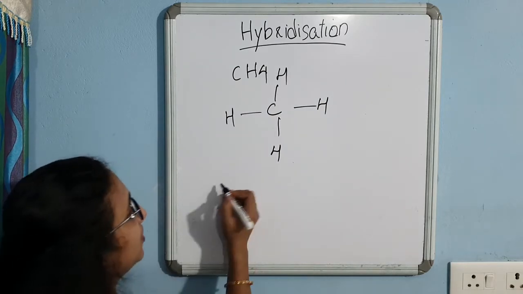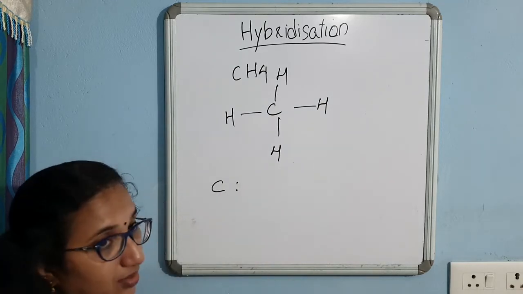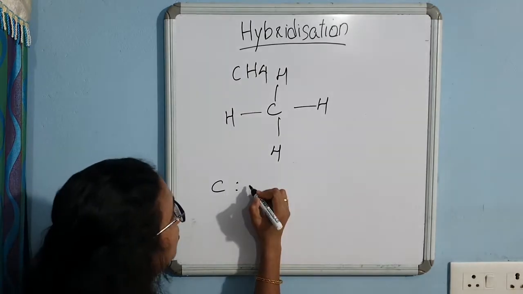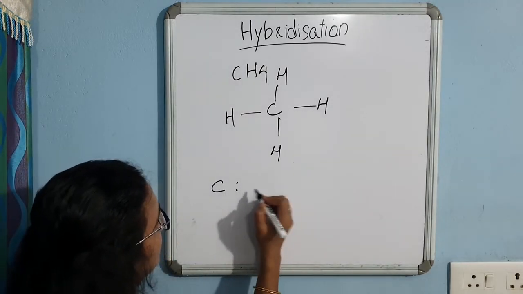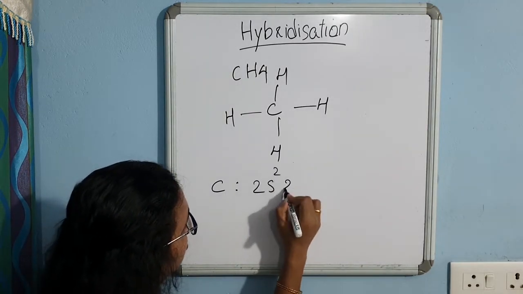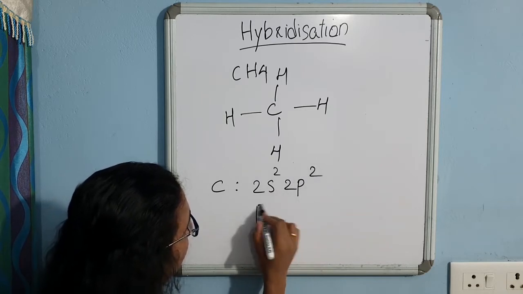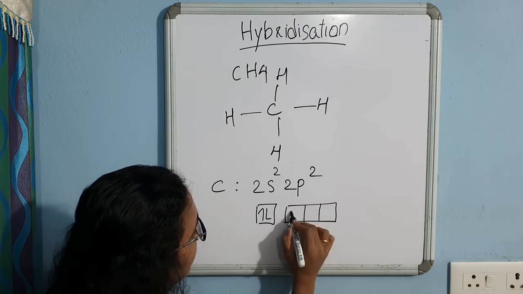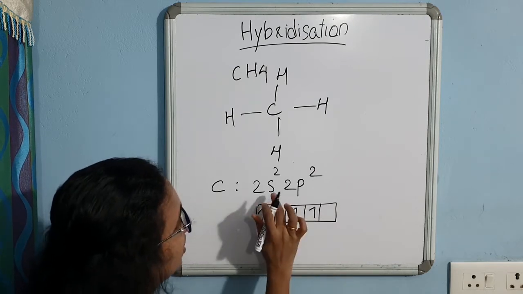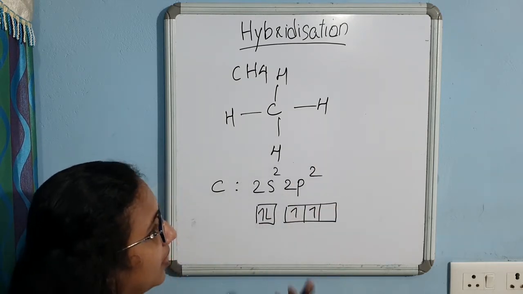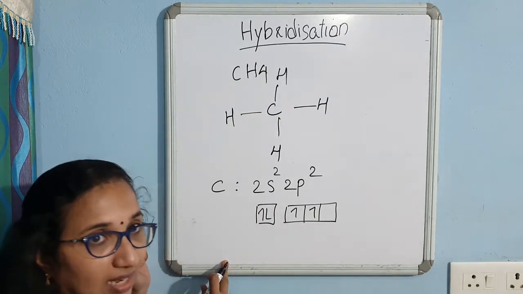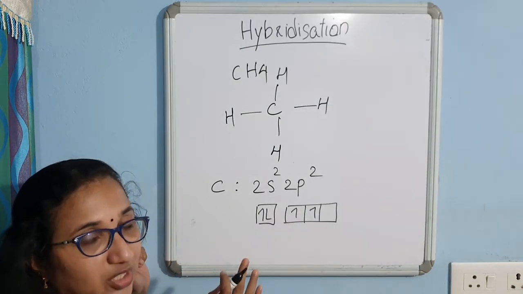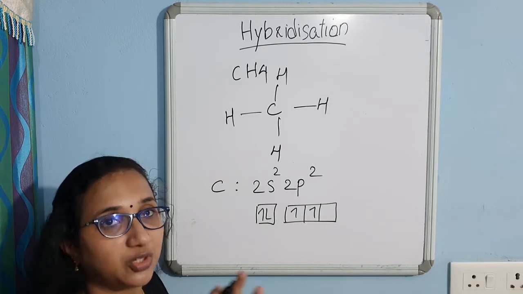And first of all, we should know the valence configuration of the central atom, that is 2s2, 2p2. It has 4 electrons in the valence shell, and in order to combine with 4 hydrogen atoms, this carbon atom should make available 4 half-filled atomic orbitals, for the formation of covalent bonds.